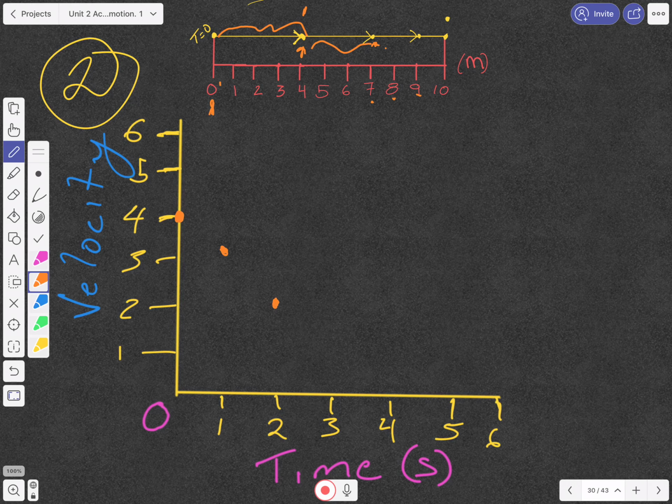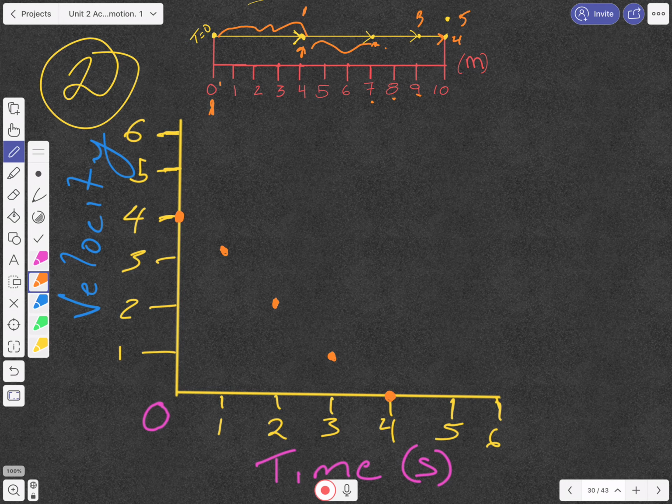And then from seconds 3, oh, and there should have been a little arrow there. So from seconds 3 to 4, it goes 1 meter. So at 3 seconds, it's going 1 meter per second. And now we know from 4 to 5, it actually doesn't move anymore.